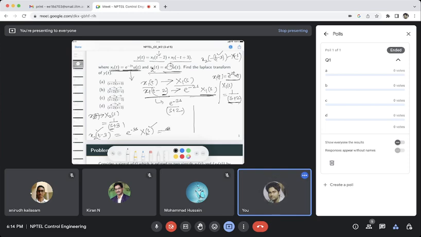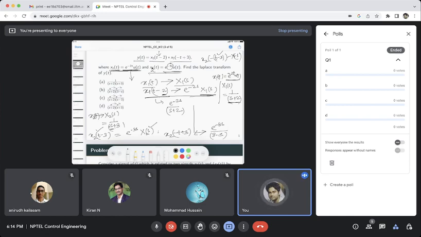So for x2, that is minus t plus 3, this Laplace transform will be e to the power minus 3s, and instead of s you put minus s, so it will be 3 minus s.